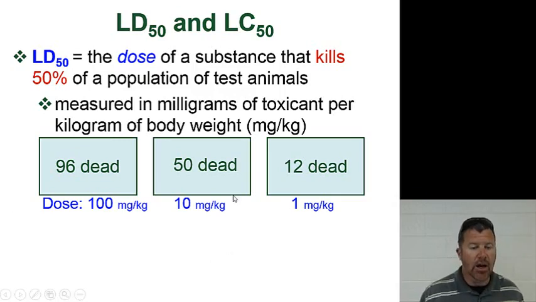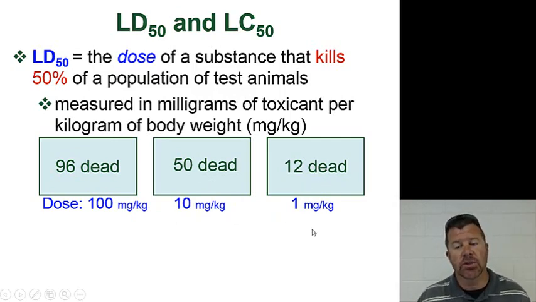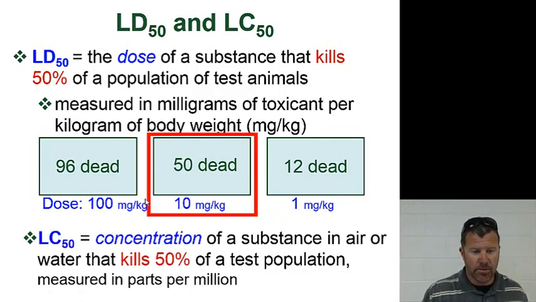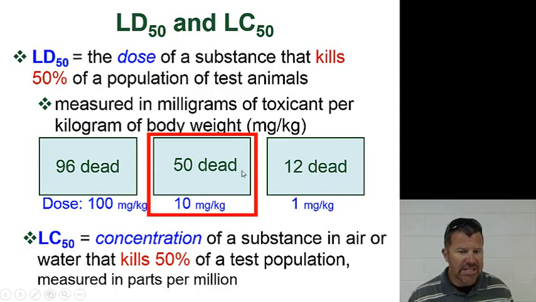One group's going to get 100 milligrams per kilogram. The other one's going to get 10 milligrams per kilogram. And then the last group is going to get 1 milligram per kilogram of the toxin. As you can see, we had 100 lab rats in this group, and this group, and that group, so we had 300 total.